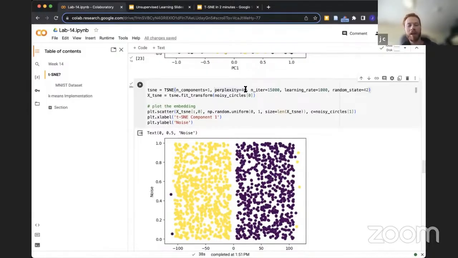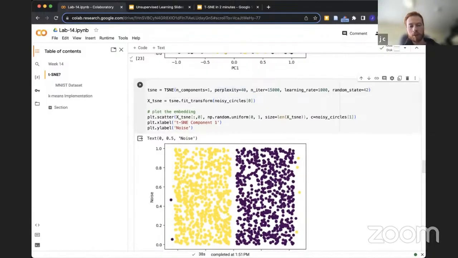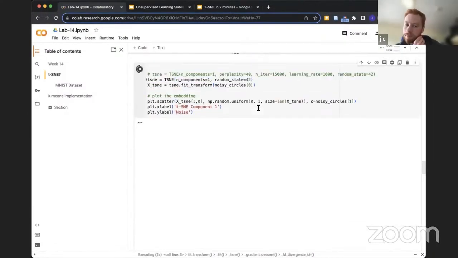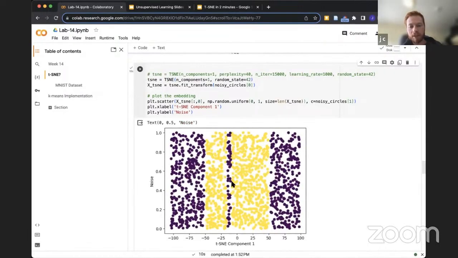This is, however, only half true, because if we just kick all this out and run it again, we see it does some weird clustering: one cluster on the right-hand side, then some yellow in between, one line of purple in between, and then purple again.